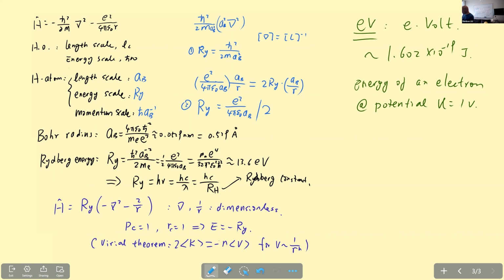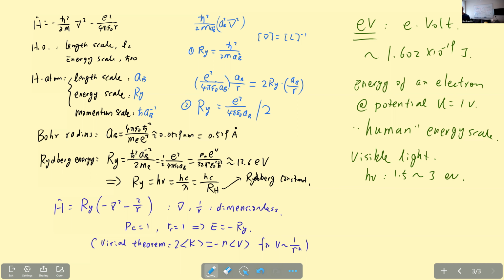This is kind of a human energy scale. For example, if you look at the environment around you, everything seems to be at this energy scale. For example, visible light has h nu of about 1.5 to about 3 electron volts.